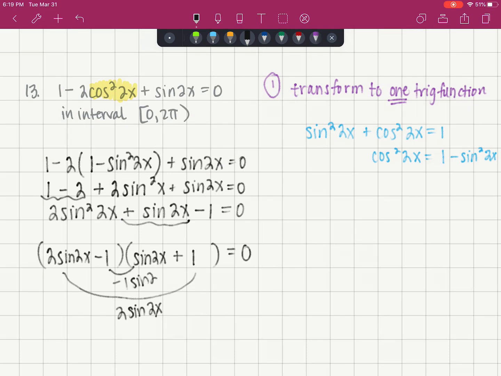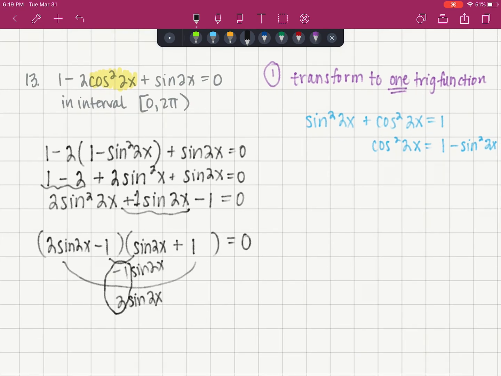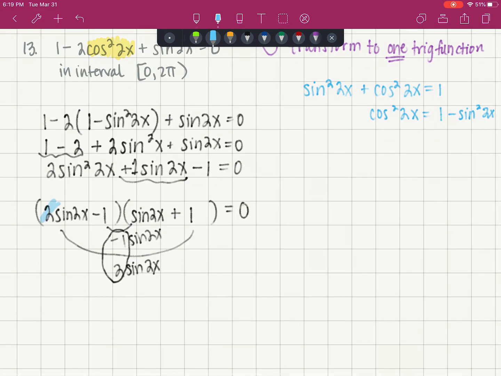And then we have negative 1 sine of 2x, and negative 2 minus 1 is positive 1. So this works. Now we're going to take each variable factor and set it equal to 0: 2 sine of 2x minus 1 equals 0, and sine of 2x plus 1 equals 0.